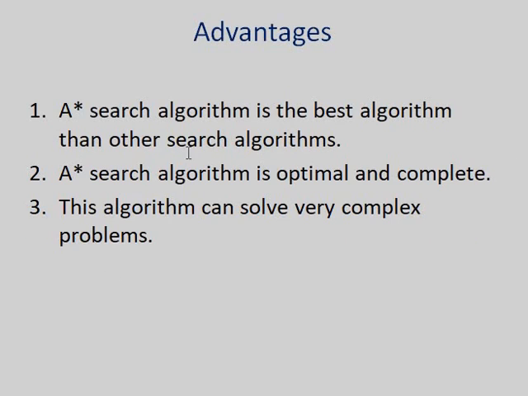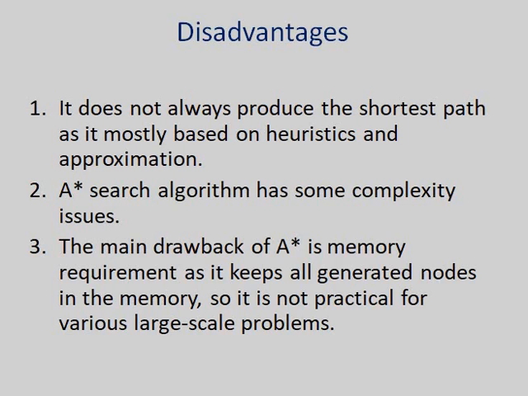This A star heuristic search algorithm is the best algorithm as compared to the other search algorithms. It is optimal as well as complete, and you can use this algorithm for solving complex problems. If we talk about the disadvantages, this algorithm does not always produce the shortest path.